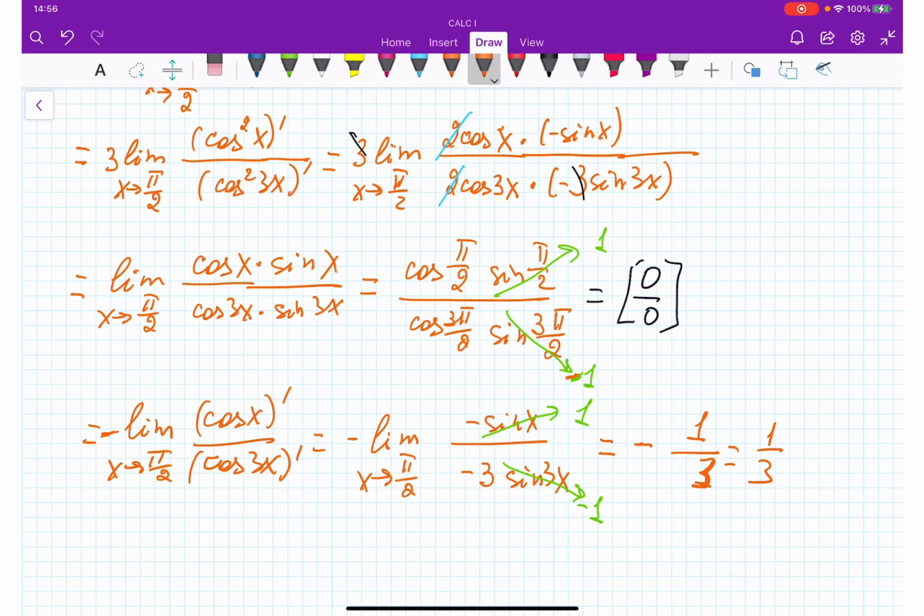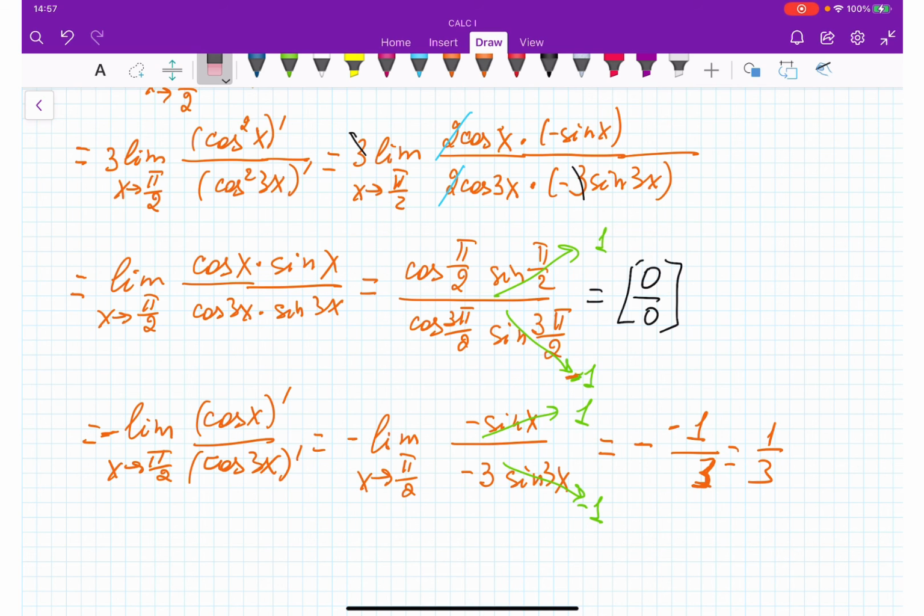This negative is in the numerator, because this negative with this negative is going to be free, although it doesn't matter for the fraction per se, but so you would see where this negative moved from. Otherwise it doesn't matter. You can put the negative in the numerator or denominator, the meaning doesn't change. But I'm thinking that once you see it in the denominator, you will start looking for where it popped up from. No, that's the numerator. Okay, negative 1 over 3, and the answer is positive 1/3.